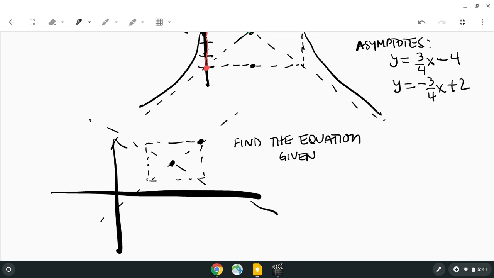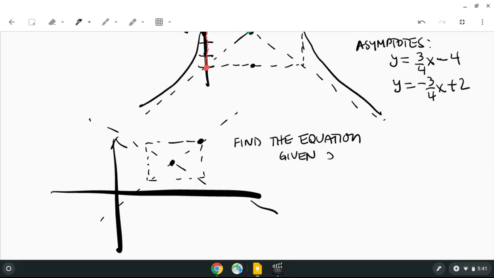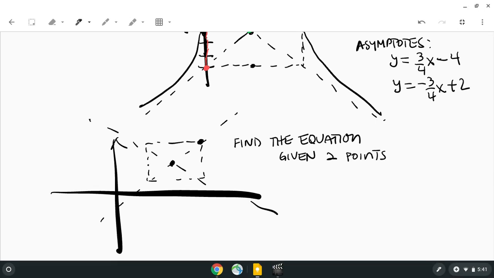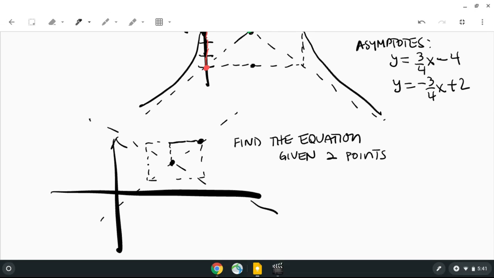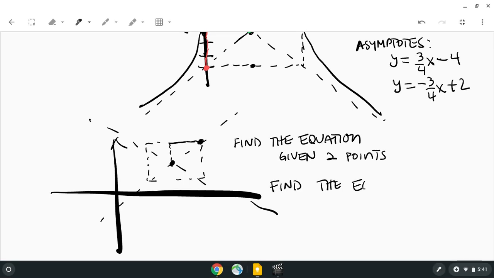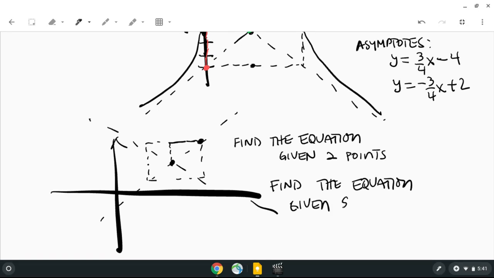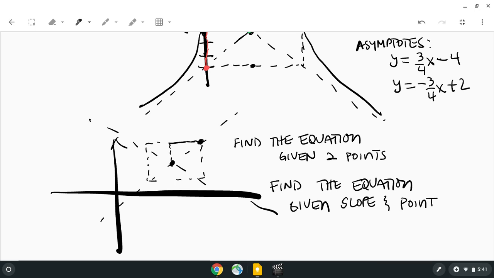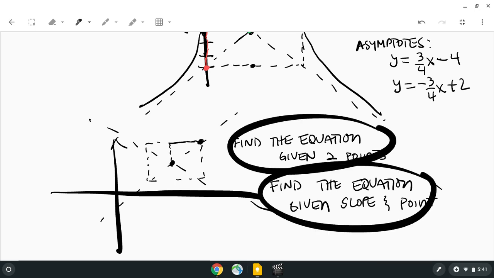You'll be able to count the slope, rise over run, so really you'll need to be able to find the equation given a slope and a point. I'll include 2 extra videos, one where you're given 2 points, and one where you know the slope, which you'll know because you can count it, and a point.